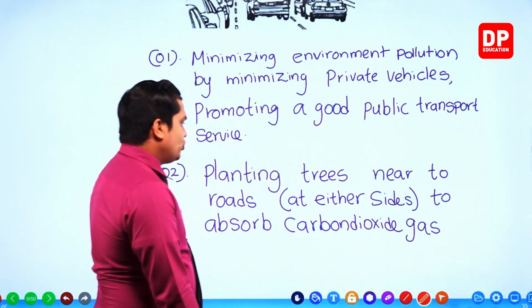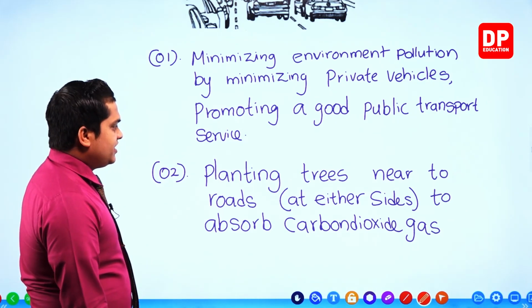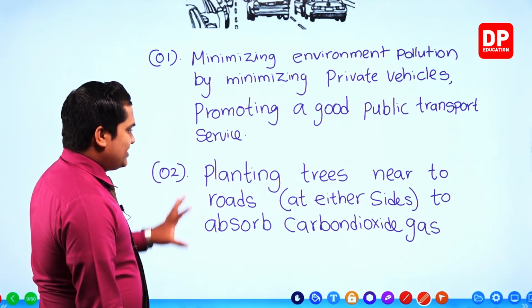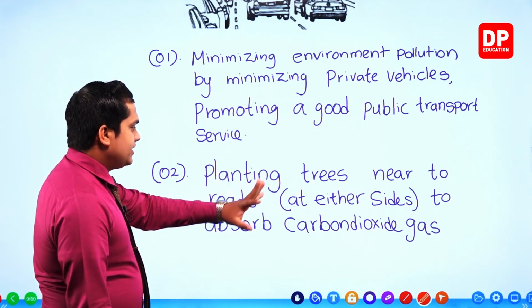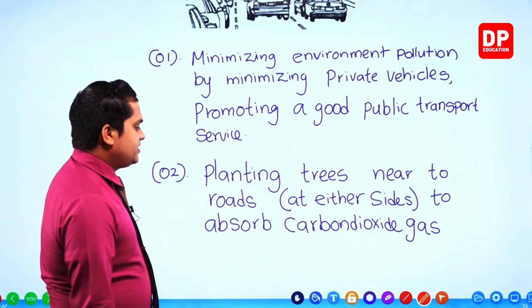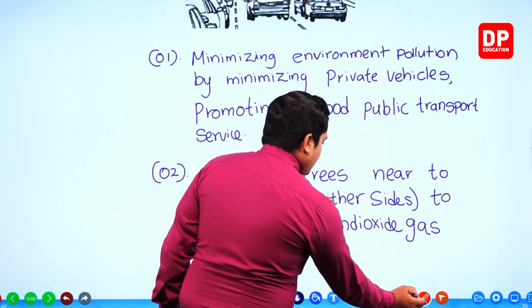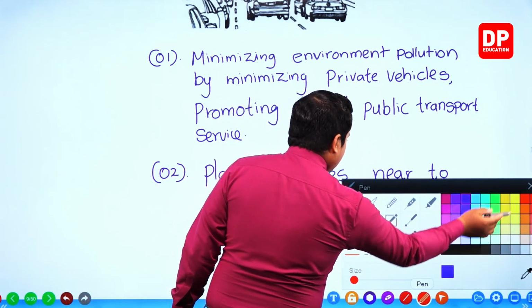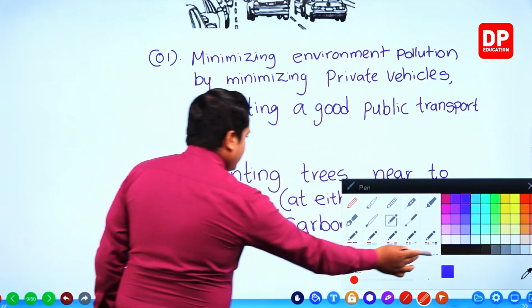So what is the issue here? Now this is the remedy, planting trees near to roads to absorb carbon dioxide gas. What is the issue here? So the issue here is, we'll write it down by using another different pen.